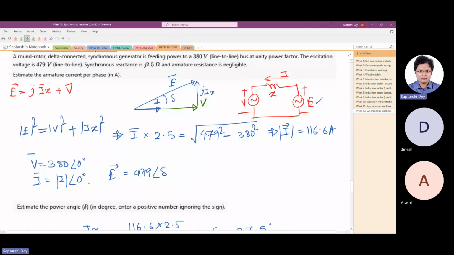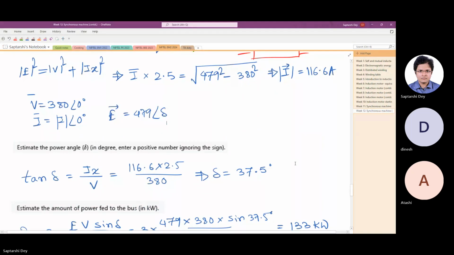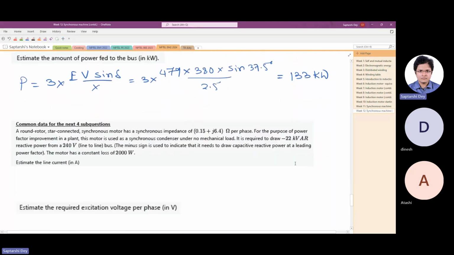Now you have one equation and two unknowns. Delta is not known, magnitude of I is not known. Isn't it? Yes. So one equation, two unknowns, we cannot solve. Okay. So we'll go to the next question.